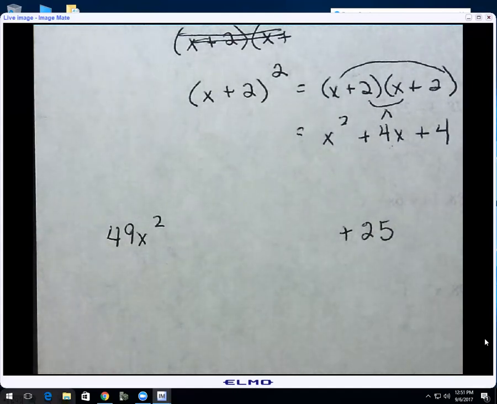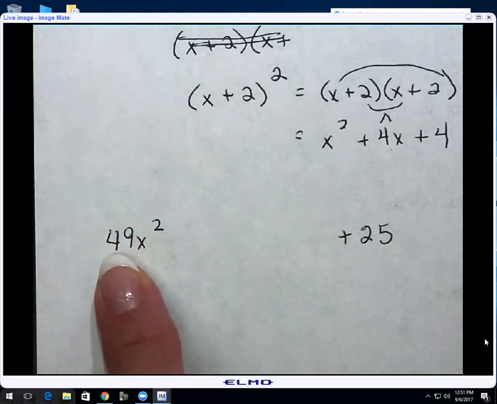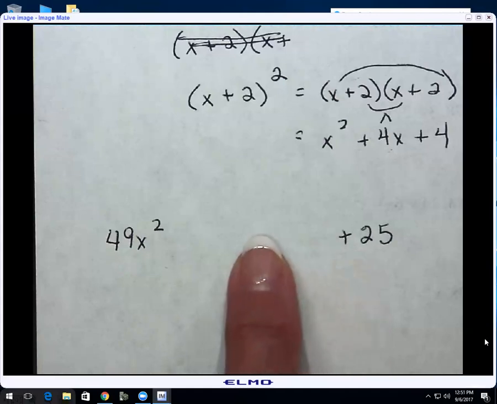But let's figure out what the middle term would have to be in order for that to be a perfect square trinomial. What's the square root of the first term? 7x. What's the square root of the last term? 5. If you multiply those, you get 7x times 5, 35x. What does the middle term have to be?